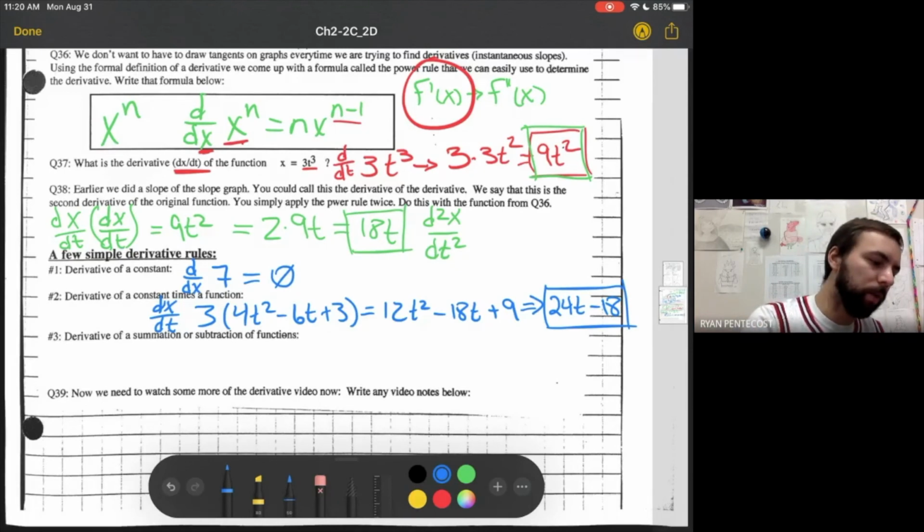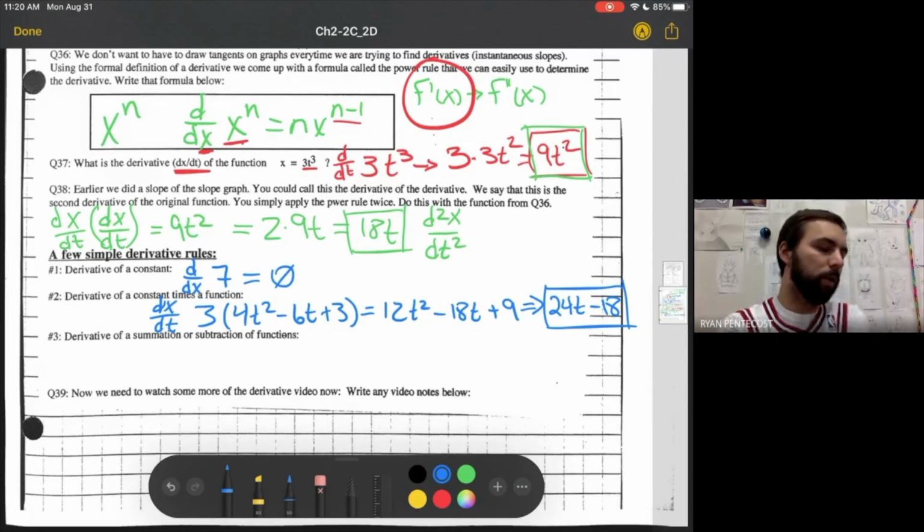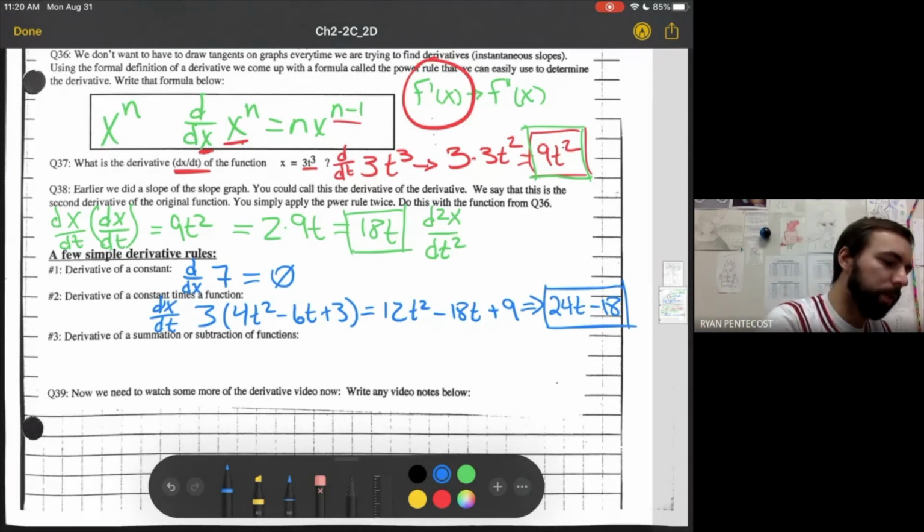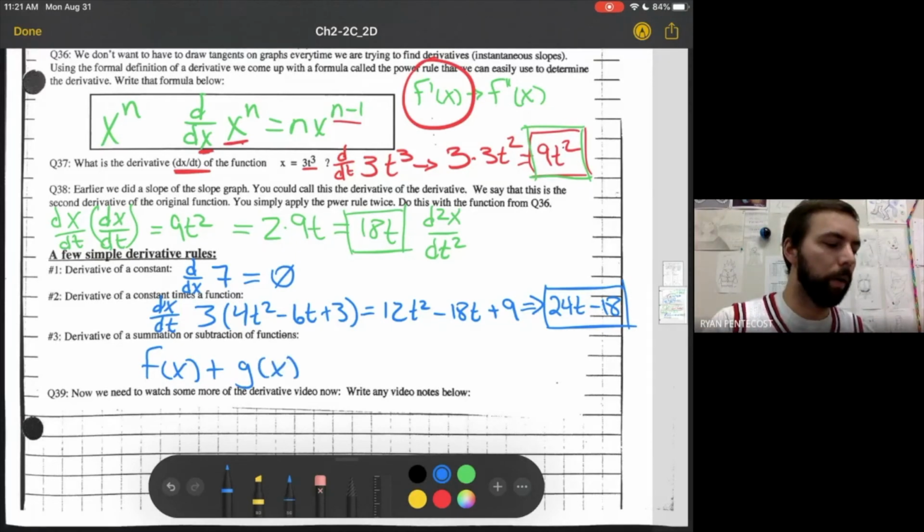So, the derivative of a summation or subtraction of functions. Let's say we have, this is going to be tricky to write, f of x plus g of x, right? So the derivative of the summation or subtraction of functions, let's do summation first.